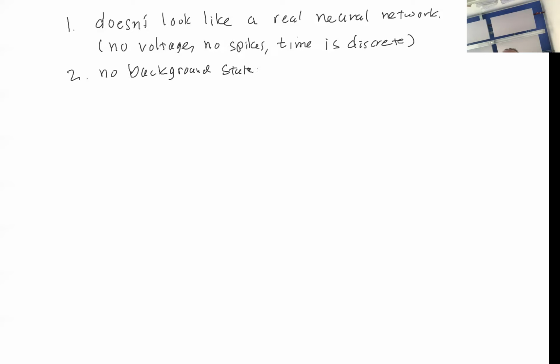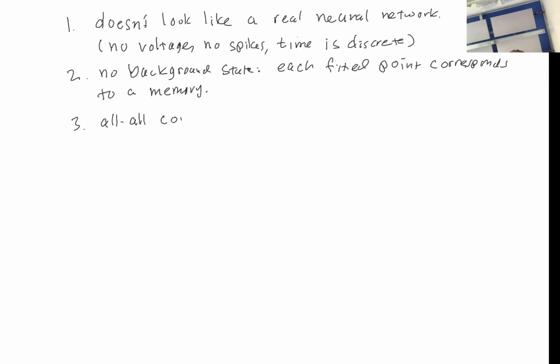Each fixed point corresponds to a memory, which is not really ideal. You don't want to always have to remember something. You want to be able to just think about nothing, for instance. And finally, we use all-to-all connectivity. This last one is kind of important.